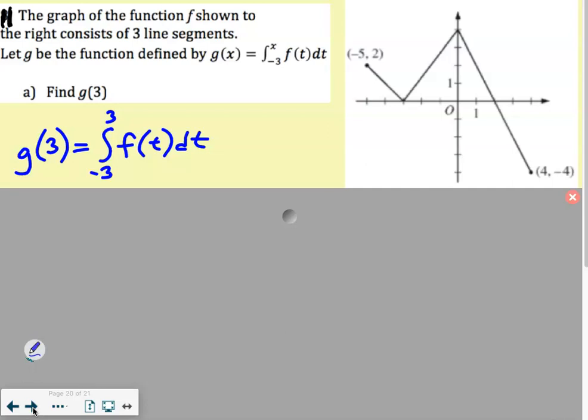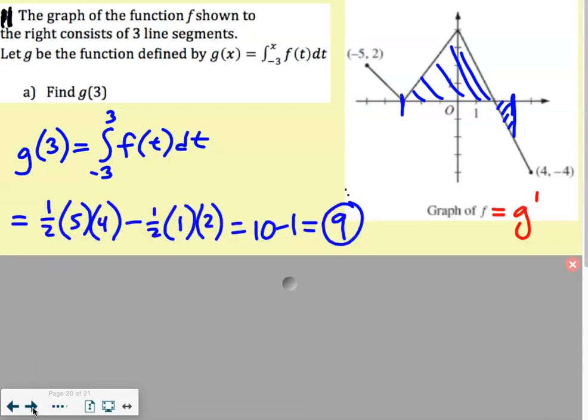If this is the graph of f, there's -3, there's 3. It's the area of this triangle minus the area of this triangle. So the big triangle had an area of 10. The little triangle had an area of 1. 10 minus 1 is 9.